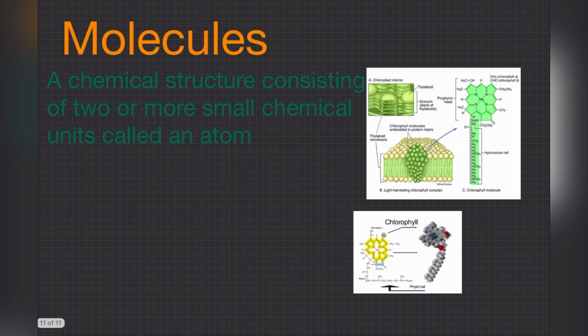If we move on from organelles to molecules, which is our last slide, these organelles and everything in life is made up of molecules. So molecules are chemical structures consisting of two or more smaller chemical units called atoms. And everything in life is made up of these small atoms that come together to form molecules.